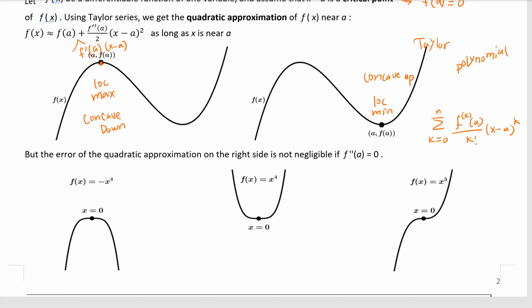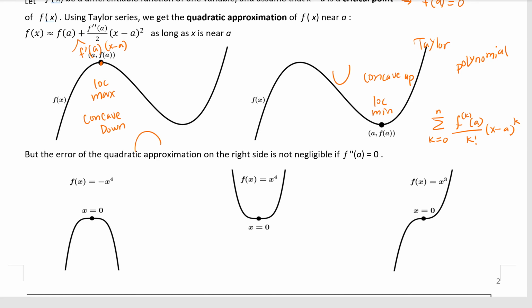If it looks like an umbrella, then it's concave down. If it looks like a bowl, then it's concave up. But the error of the quadratic approximation on the right-hand side is not negligible if the second derivative is 0. That's why the second derivative test is inconclusive when the second derivative is 0.